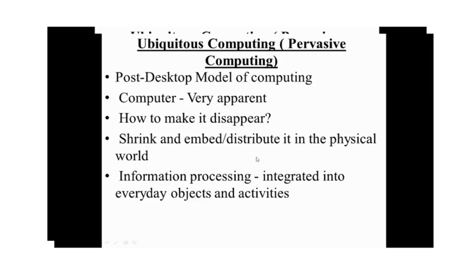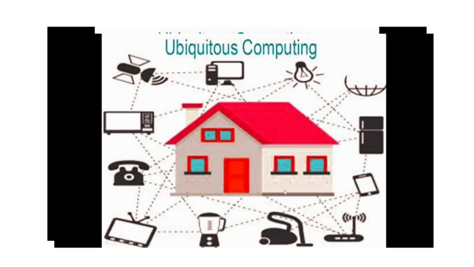Ubiquitous computing is a post-desktop model for computing. How do we make it disappear: shrink it, embed it, and distribute it in the physical world, with information processing integrated into everyday objects and activities.